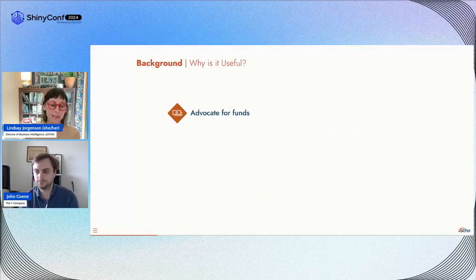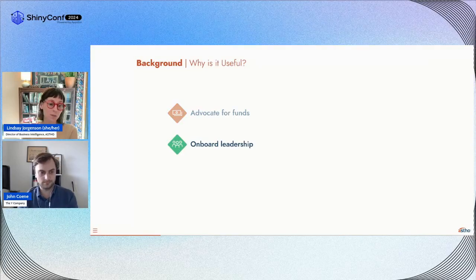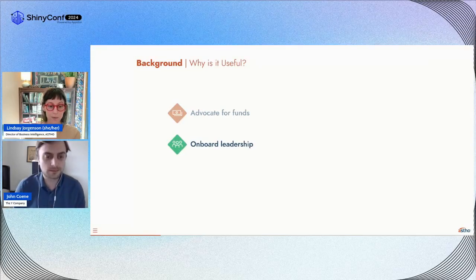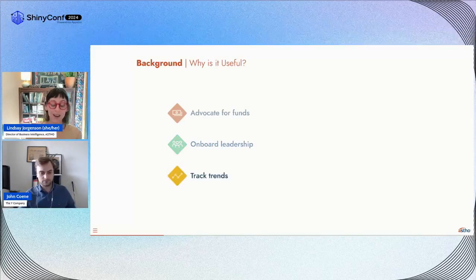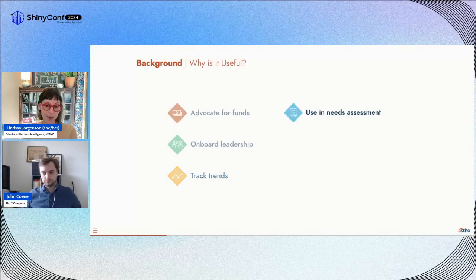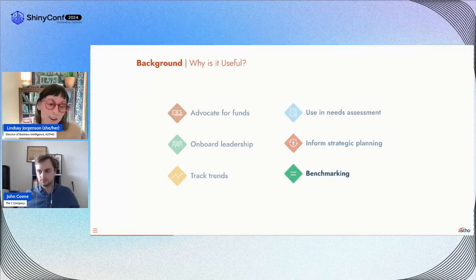Well, it helps individuals at state health agencies advocate for funding, onboard new leadership, which often new state health officials don't necessarily have a background in public health, so this world might be new to them. It also is the only source that allows for tracking trends of infrastructure data in public health over time. And agencies use it for needs assessments and strategic planning, and also for benchmarking, which is really important to help them compare what they're doing to other agencies that are like them.